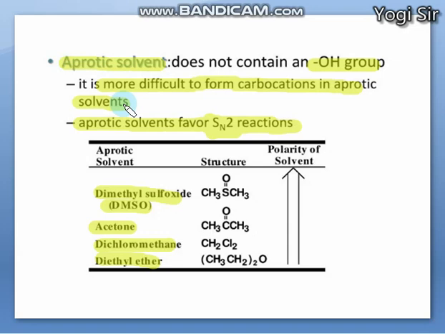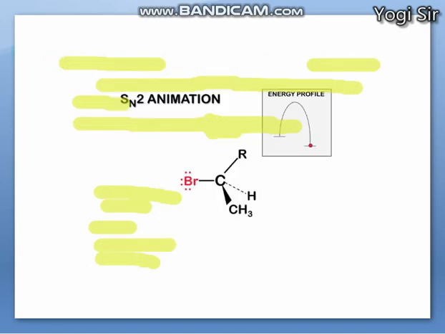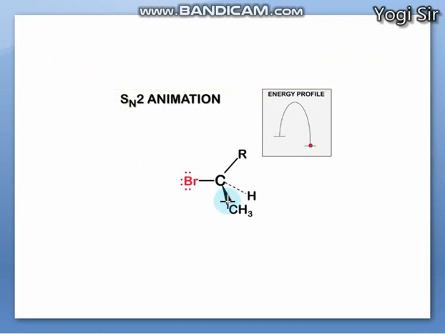So the criterion is whether carbocation is produced during this SN reaction. In the transition phase, if the central carbon is not producing a cation, there is no change in the polarity of the carbon, it remains as it is, so the mechanism would be SN2.